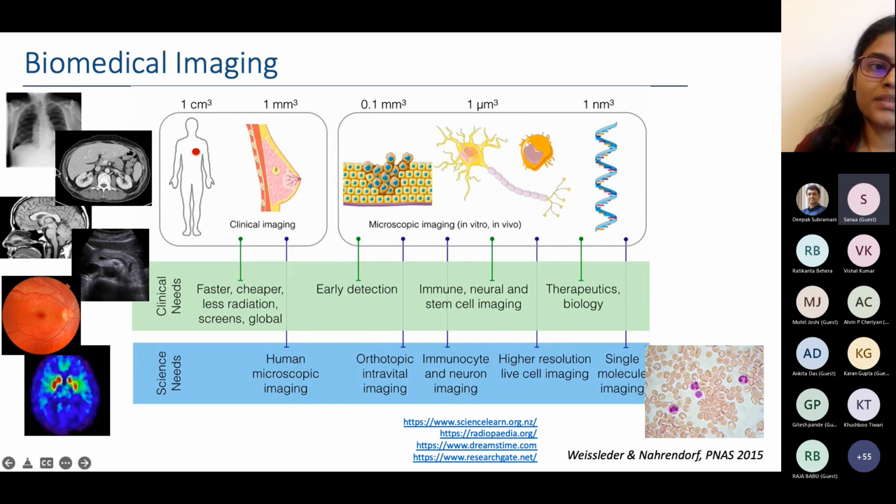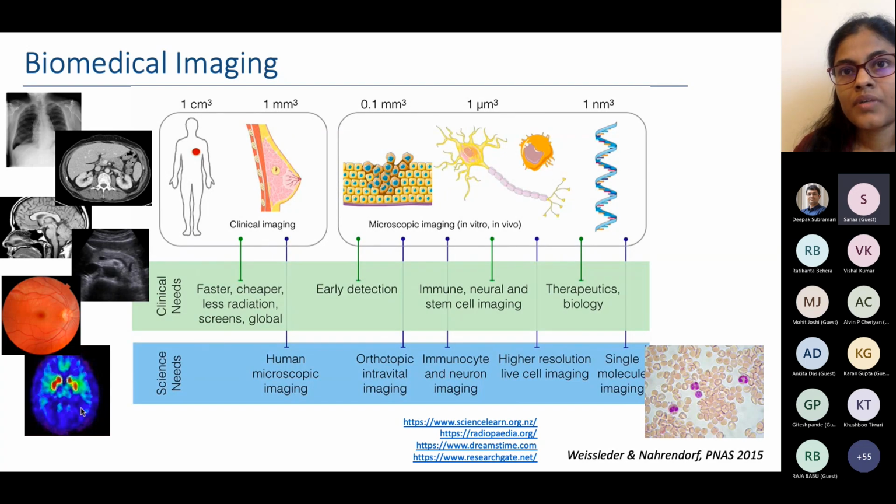So, for example, an X-ray image, CT image, brain MRI, magnetic resonance image, pancreatic ultrasound image, retinal fundus image, and positron emission tomography, PET, of the brain. So these images could be used in a clinical setting to diagnose the disease at a much earlier stage, which could be used for timely treatment.